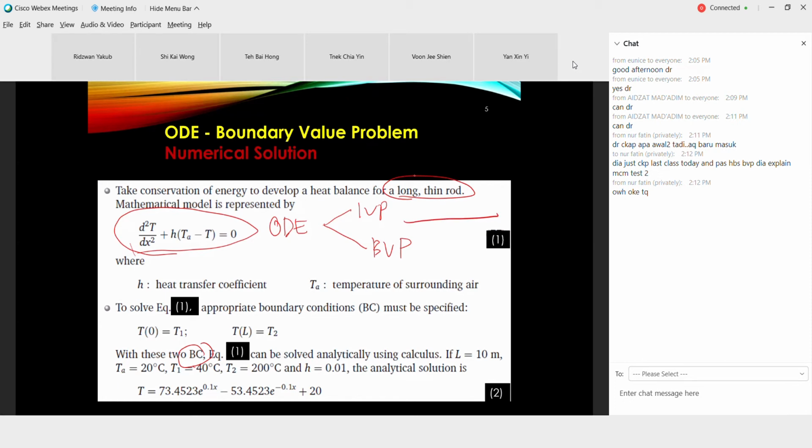If we have this rod, this is the initial point and this is the end point. For initial value we only observe the initial point. If boundary condition, we have two points, initial and end, so it is easier to solve for the condition in between.